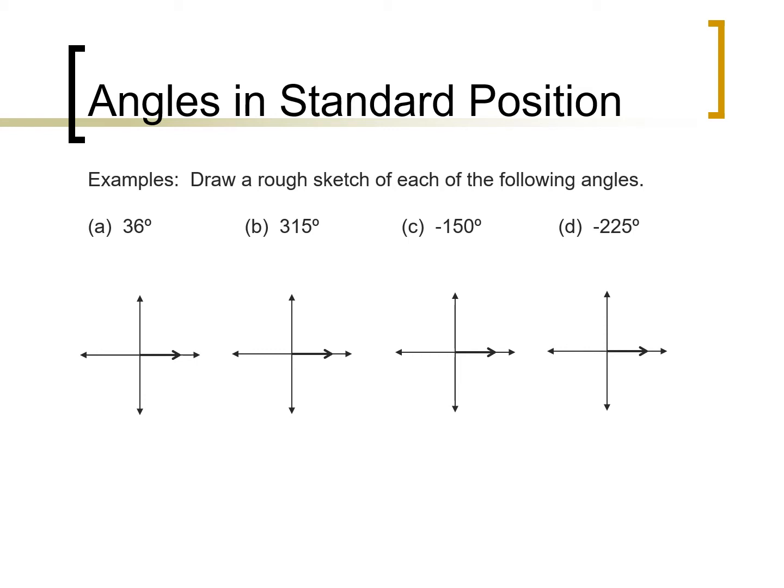Now, I know that if I spin it 90 degrees, it will be sticking straight up. That's too much. I don't want to spin that much. So I'm just going to spin a little bit. If I spin like this much, that's about 36 degrees. That works. When you draw these things, you need to show me the initial side, the terminal side, and that little symbol inside showing you what direction I was spinning to get to my 36 degrees.